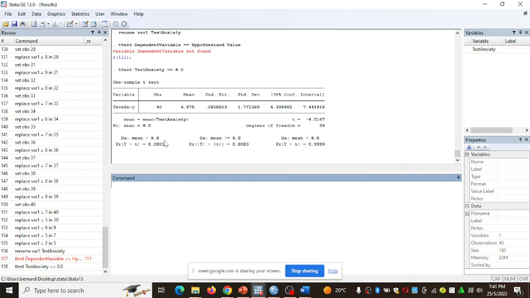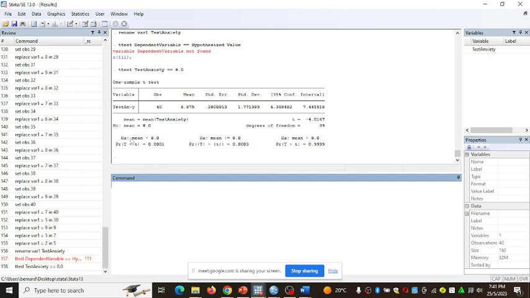For the p-value, I want to be very keen here. The p-value associated with the mean being less than 8 is 0.001.